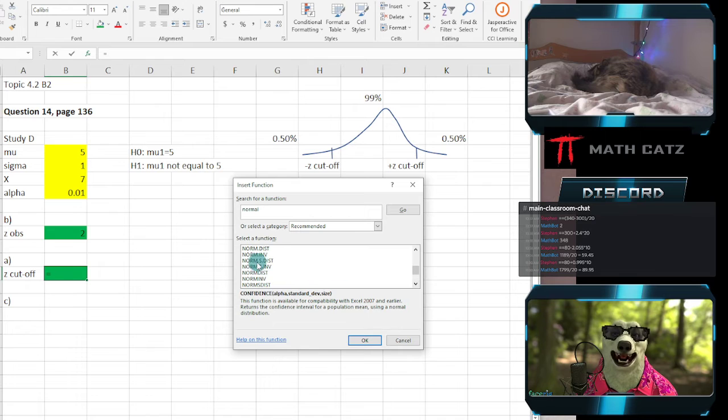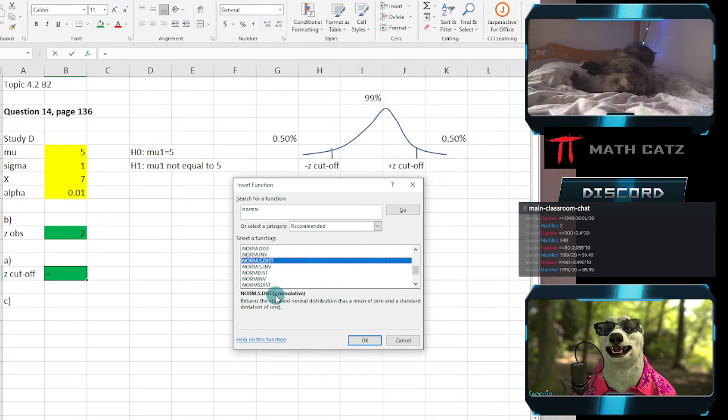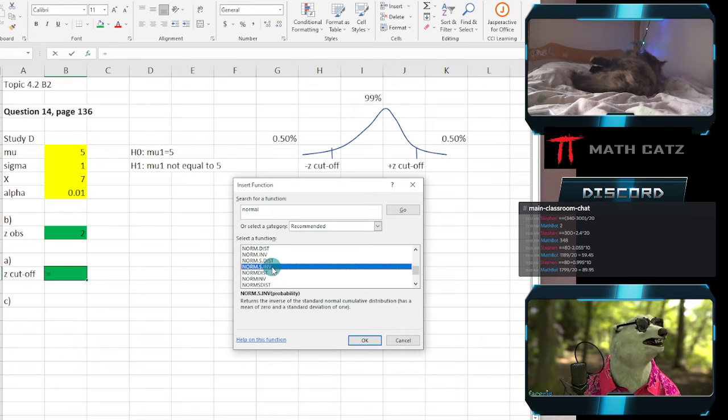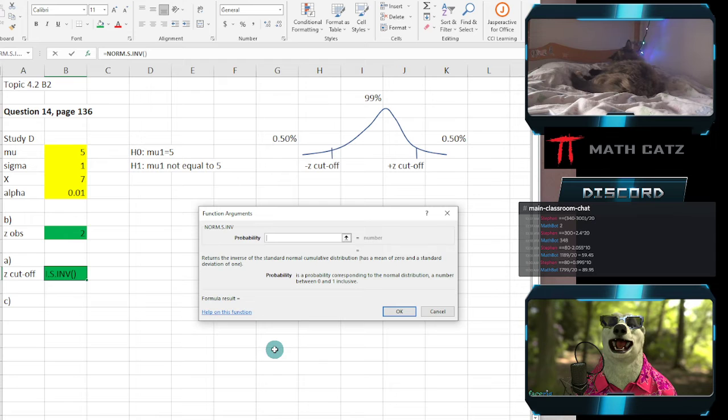You're looking for the S because it's the standardized normal, the z-scores. Which one do I want? Do I have a z-score and I'm looking for the percentage, or do I have a percentage probability and I'm looking for the corresponding z-score? Yeah, that's the one. So now what do I put in here? It's always cumulative. It's always from the left to a cutoff.